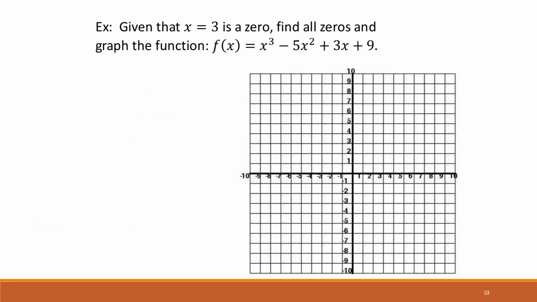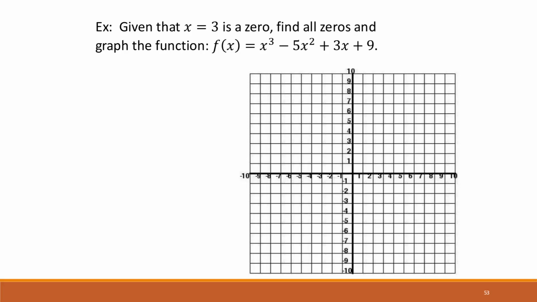So why are we doing all of this? Because it will help us with our next lesson, 3.4, where we are graphing rational functions. So let's see how this can help us. We already know things about polynomials, right?